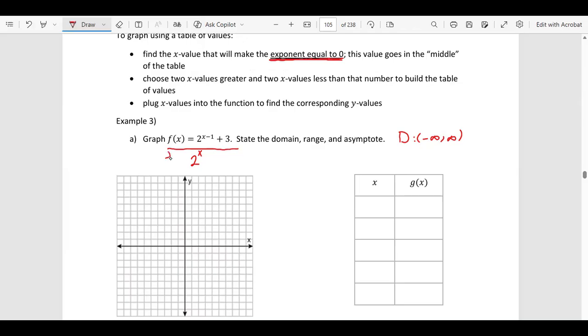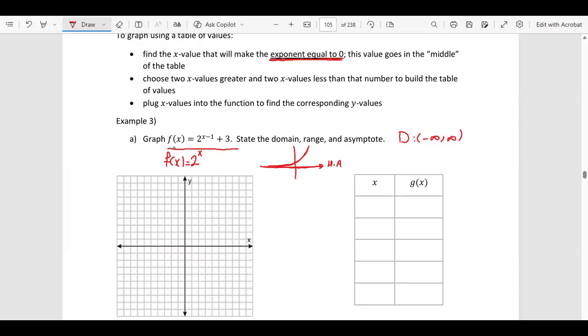So the parent function for this function is 2 to the x. And you know that 2 to the x is an exponential function, and if you graph it, since it never gets to 0, it never touches or crosses the x-axis. And that's why we call the x-axis the horizontal asymptote for this function.